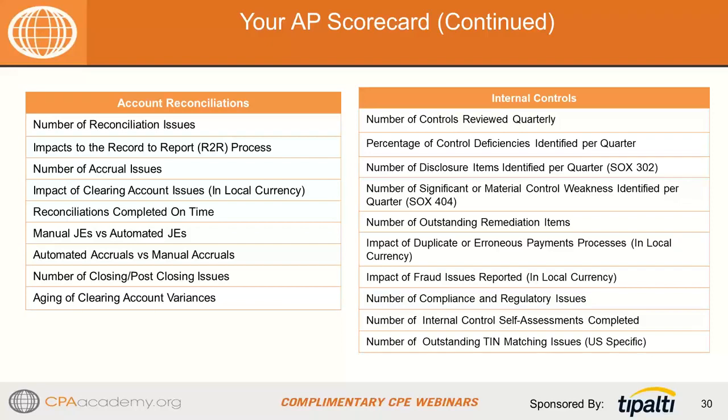And I mentioned clearing account because typically within the AP process, there will be a clearing account, which is the result of open POs or unmatched POs and invoices. It's an account that really needs to be reconciled on a monthly basis, and that variance can become quite large if you're not doing so and accounting for all those variances.